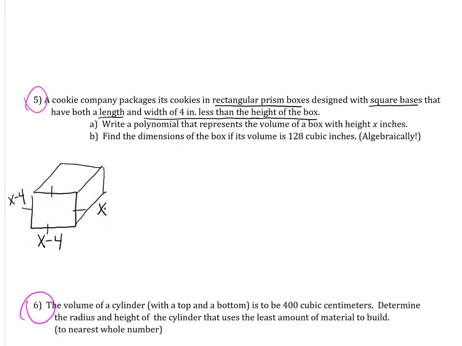Okay, so now a polynomial that represents the volume, again volume is length times width times height, so x times x minus 4 squared we'll say. Okay. Oh, and I even said write a polynomial function that represents it with the height x, which is what I've defined this as. Find the dimensions of the box if the volume is 128.